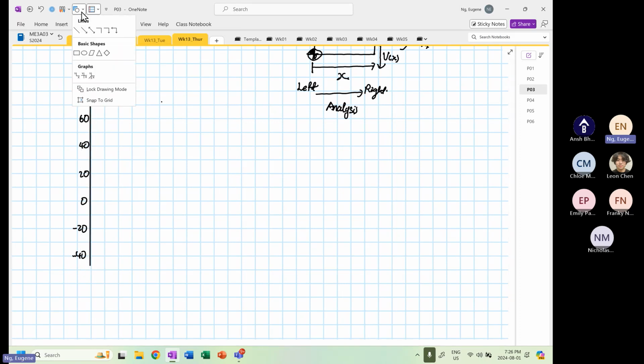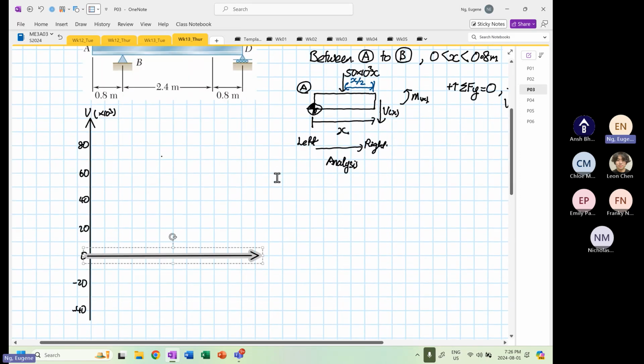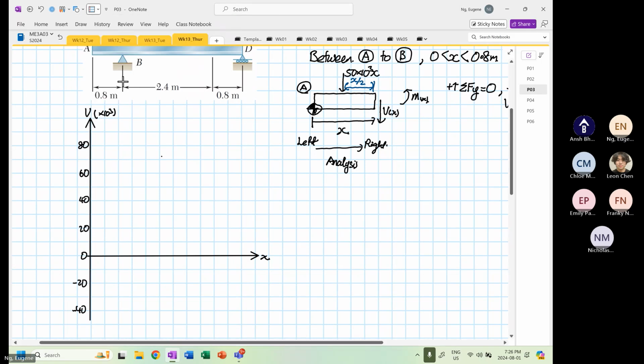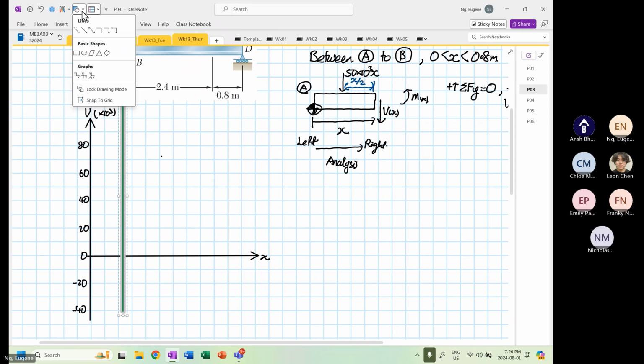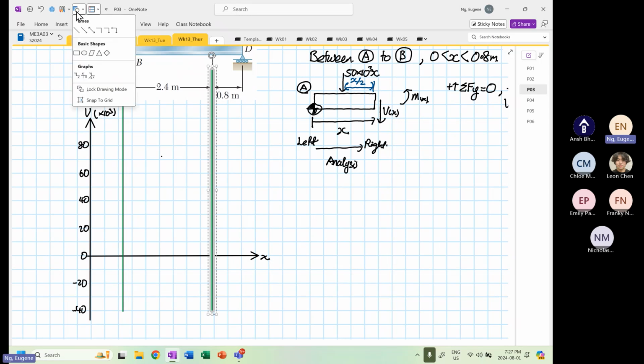And then we have our x-axis. So this is our x, and then if I were to draw the vertical line coming down, and then I draw another vertical line, so you can relate where we are on the beam.